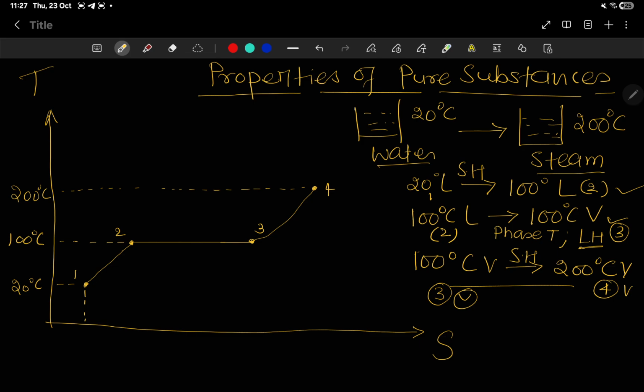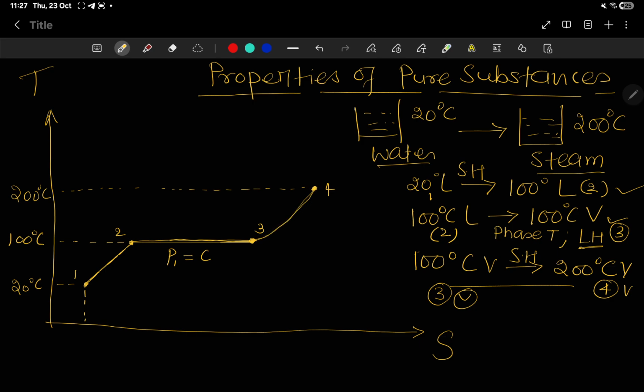So this phenomenon happens at one constant pressure, right? On this line, pressure is constant.